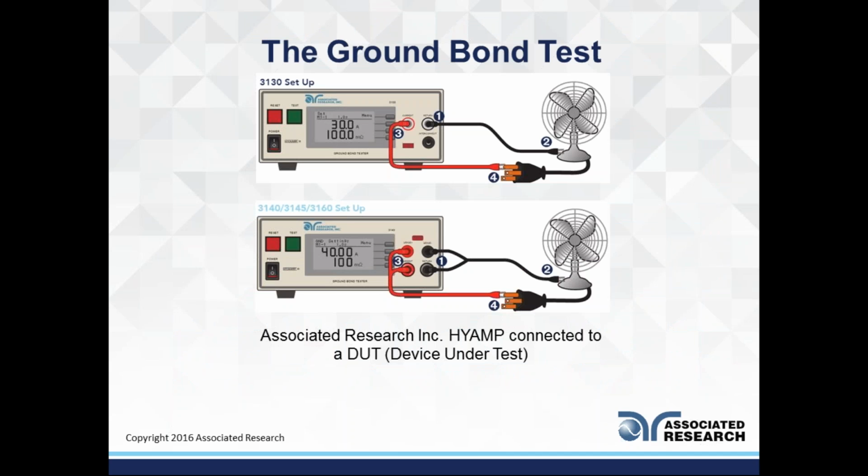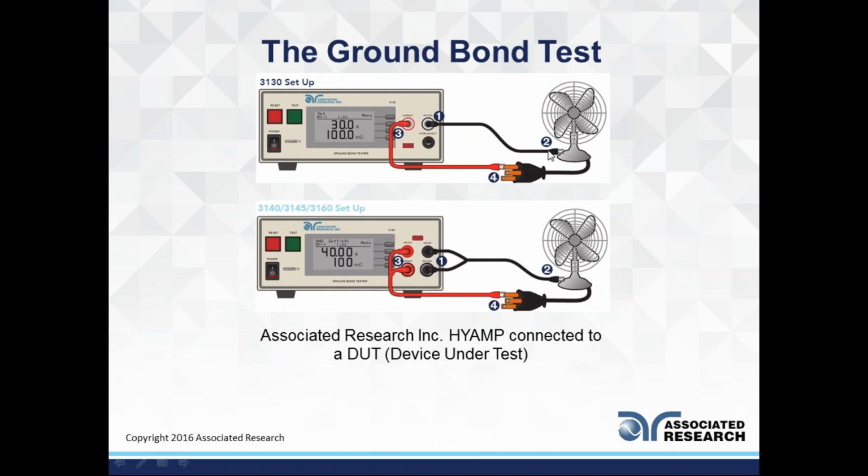So here's our ground bond test. There are a couple of different ways to apply this. This is our dedicated ground bond tester, we call it the high amp. Here's our 3130 setup. You can see we have our high current connected to the ground pin of our plug, and the return to an exposed or accessible chassis point. Now, an issue you might come across with this setup is there's also resistance in these leads, the high current lead and the return lead.